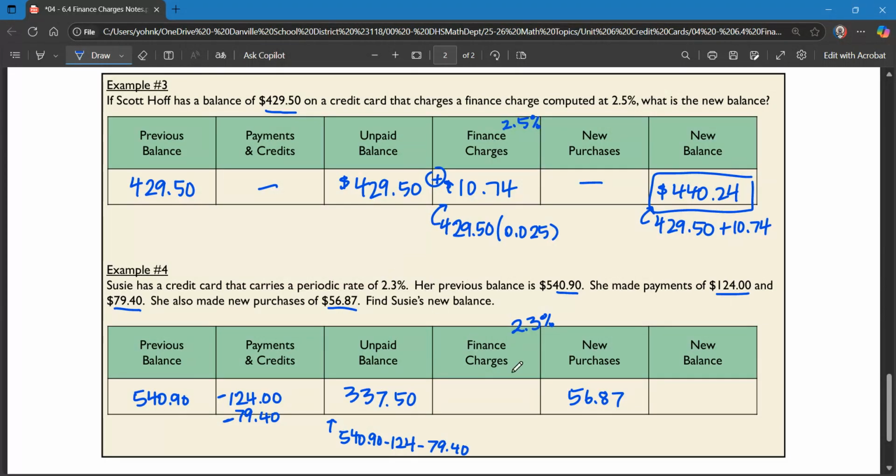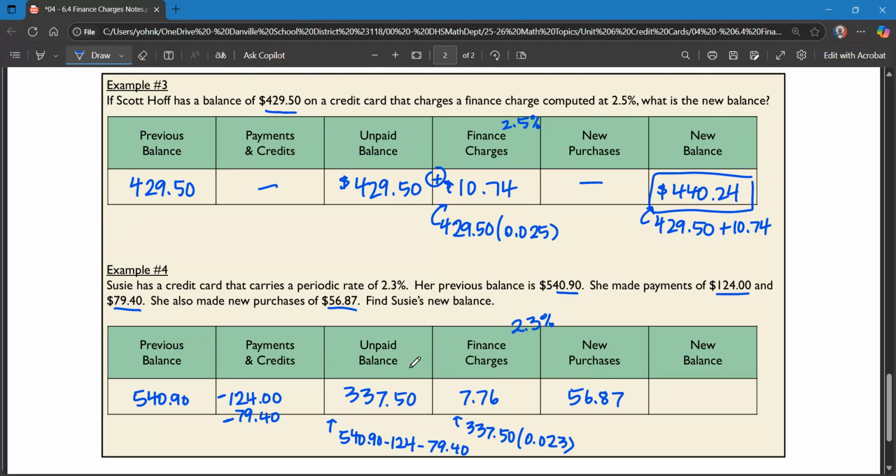So because she didn't pay it off, we have a finance charge. So I'm going to take my unpaid balance, 337.50, and multiply it by the finance percentage rate, 0.023 as a decimal. That's going to give me a finance charge of $7.76.